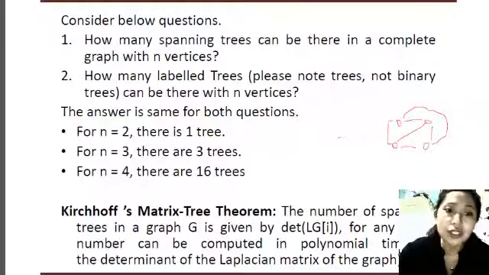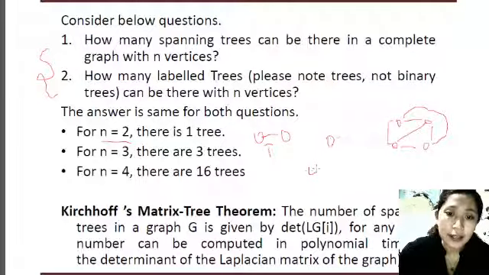So both the questions are the same, and the answer to both is, let us say if the number of vertices is 2, then the maximum number of edges that this graph can have is only 1. So with this one, how many trees are possible? There is only one tree that is possible. Now if the number of vertices is 3, then the maximum number of edges that this graph can have will be 3. And how many spanning trees are possible?